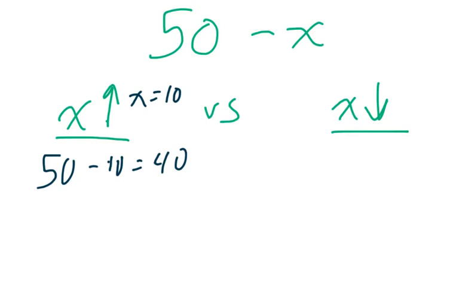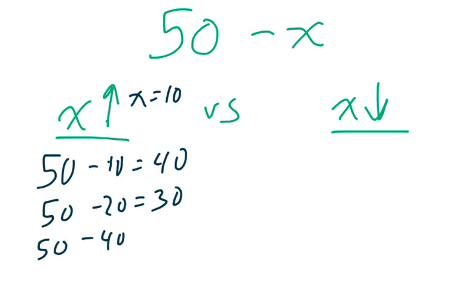Now let's try 20. 50 minus 20 is 30. Now let's try 40. 50 minus 40 is 10. So as x is increasing, the overall value of the expression is decreasing, which is different. Usually it's proportional, so as one's going up, the other one's going up. But in this case, it's the opposite.